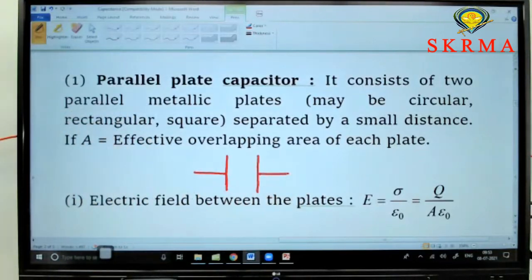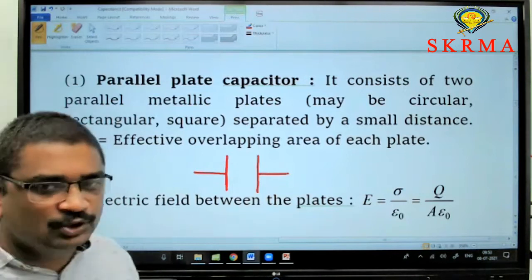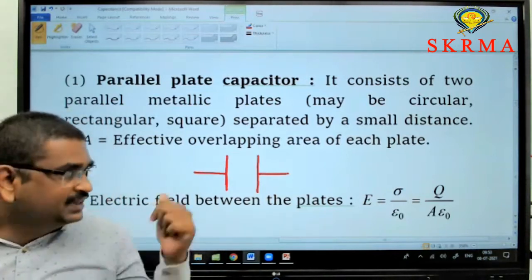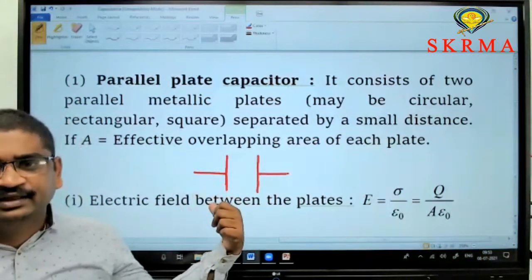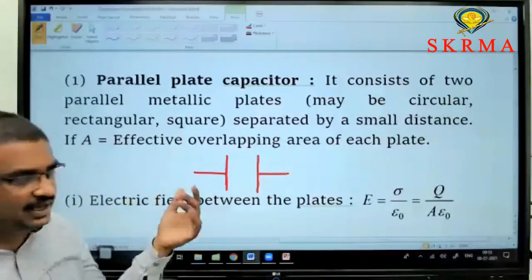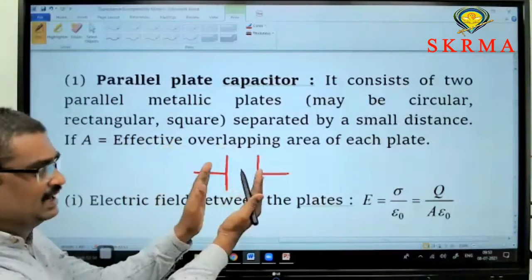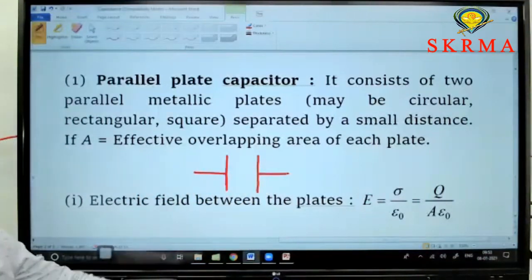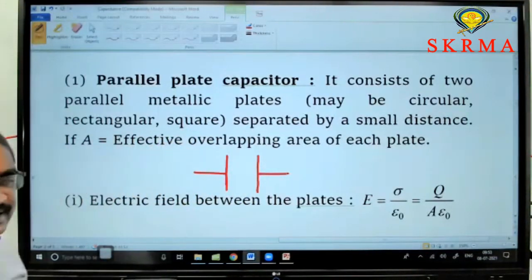Are these plates conducting or non-conducting? They are metal plates, which are conducting plates. So two plates arranged parallel to each other and separated by some finite distance is nothing but a parallel plate capacitor.